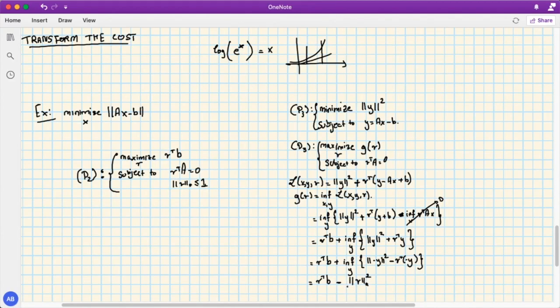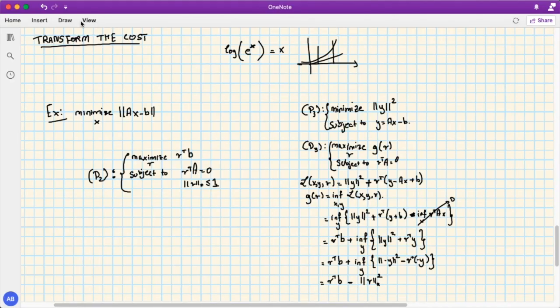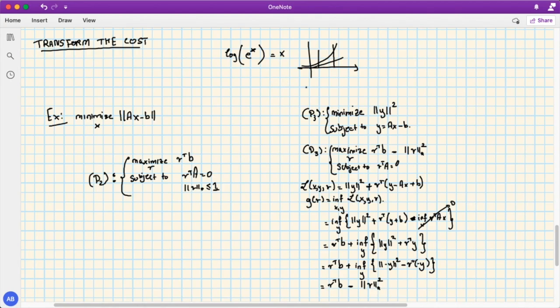So now this is my g. So over here, this is what I get. And the point here is that D3 is different from D2. Okay? We have this additional norm popping up over here.